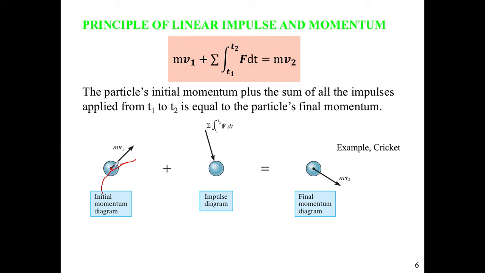So I have my mv1 acting like so, then of course उसके ऊपर there will be some forces acting on it, जिसको आप उसके tangential और normal components में भी break down कर सकते हैं, right? So all we need to do to figure out कि उसकी final velocity या फिर उसका final momentum क्या होगा is to consider the impulses because of those forces.